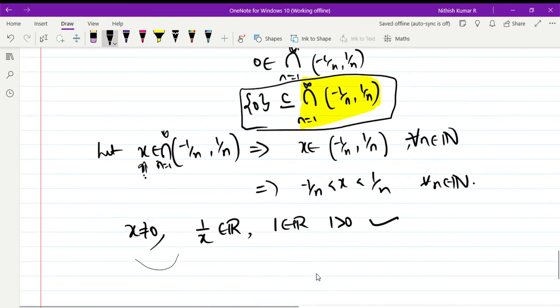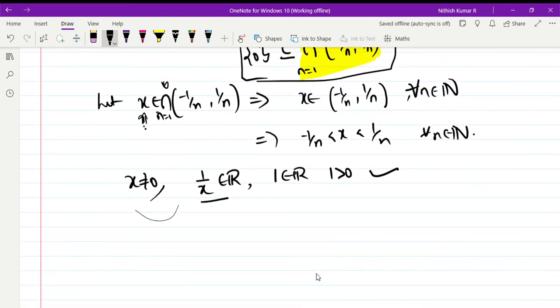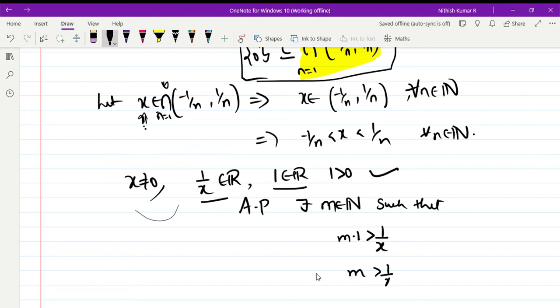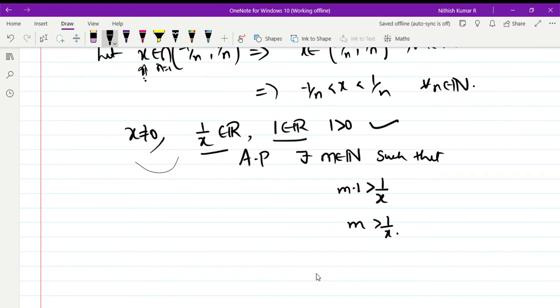Now use the Archimedean property for this 1/x and 1. There exists a natural number, say m, belonging to N such that m times 1 is greater than 1/x, that is, m is greater than 1/x. Otherwise, that is, 1/m is less than x.